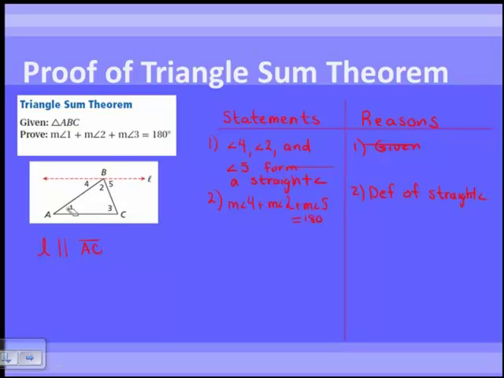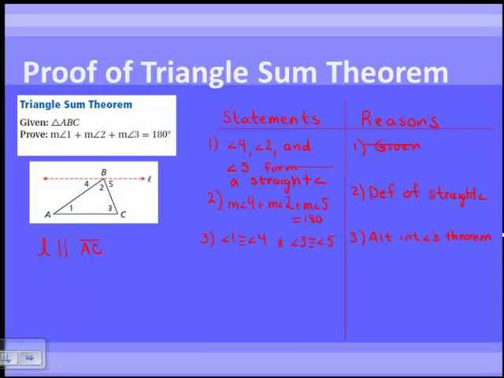So if L is parallel to AC, that means angle 1 and angle 4 are congruent by the alternate interior angle theorem. That also means if we have L and AC, with this line BC as our transversal, that 5 and 3 are congruent. So my next step is to say that angle 1 is congruent to angle 4 and angle 3 is congruent to angle 5. And that is the alternate interior angles theorem.